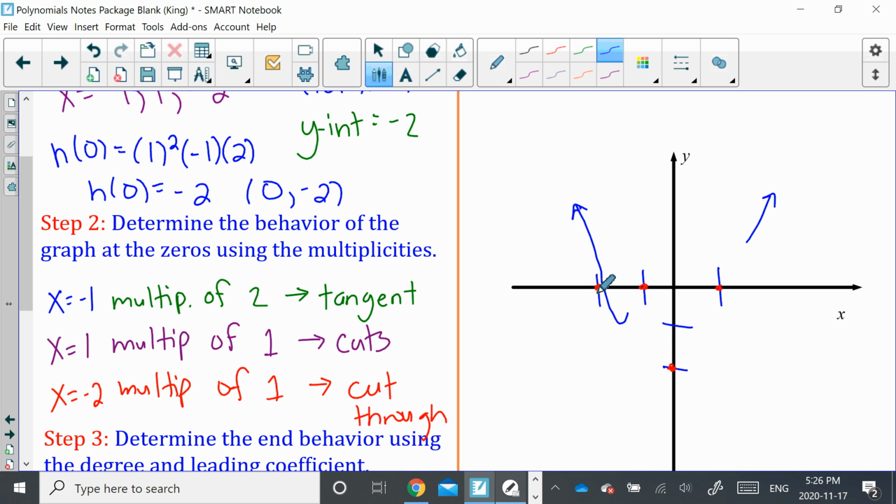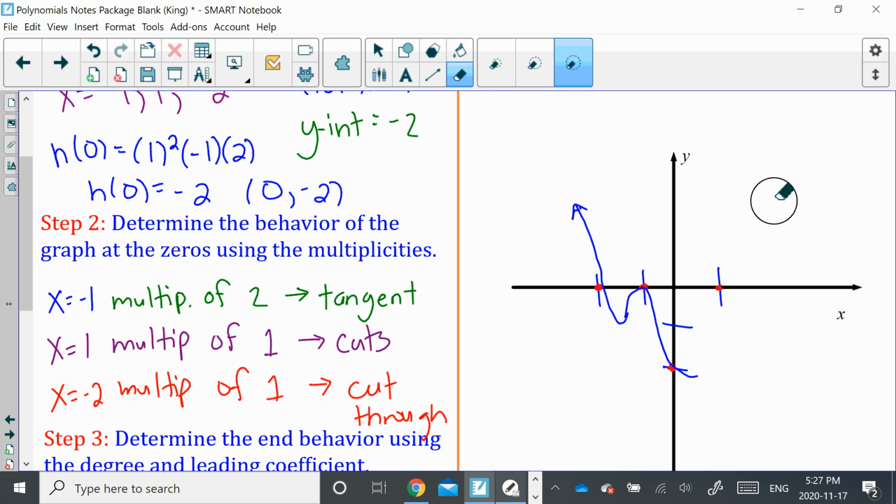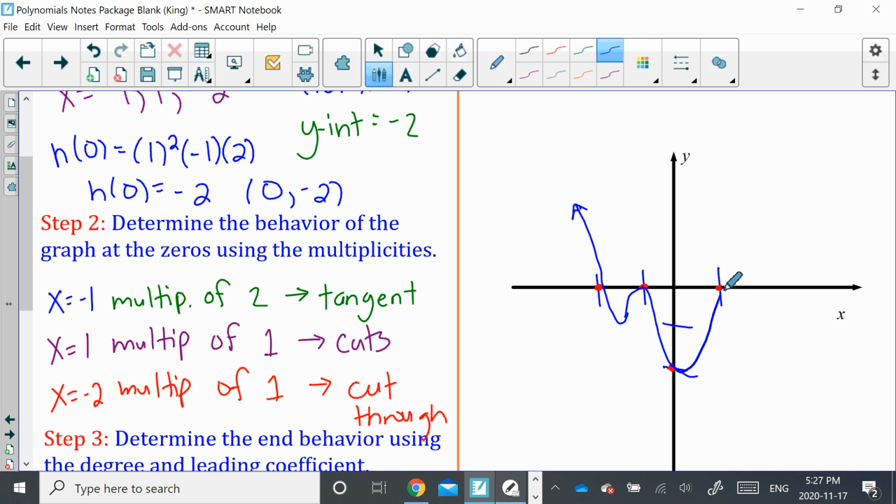And then once I get to -1, it is tangent. So here's my -1, 0, it's tangent. That means at -1, it touches it, but it does not cross. It's going to go through my y-intercept of -2. And then at the x-intercept of 1, it is going to cut through. And that would be my graph.